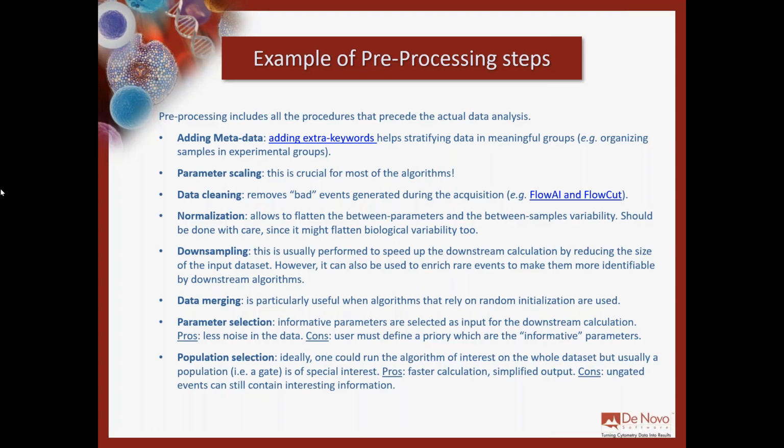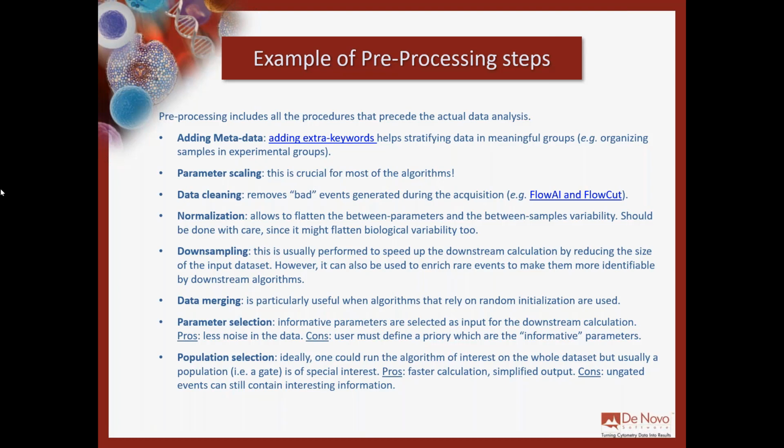Data merging is required by most of the algorithms in high-dimensional data analysis, like dimensionality reduction and clustering, like tSNE, UMAP, FlowSOM, SPADE, Phenograph. Usually you need to merge the data, and usually you merge the data at the end of the pre-processing. This is because you want to run the pre-processing file by file independently. So you want to clean each file independently. You want to scale each file and each parameter independently.